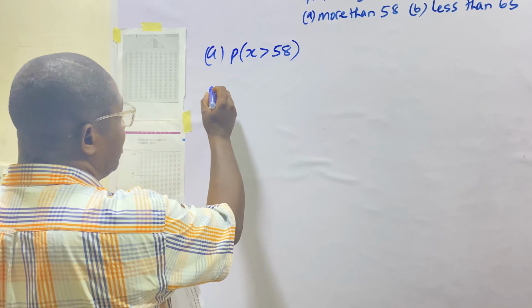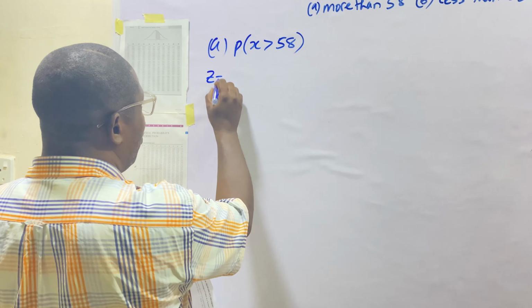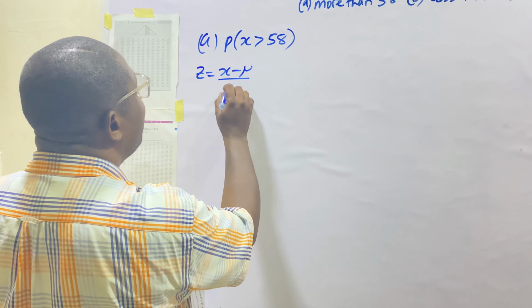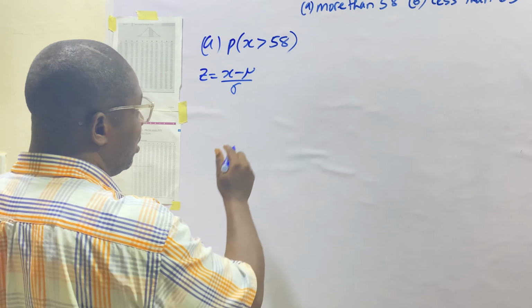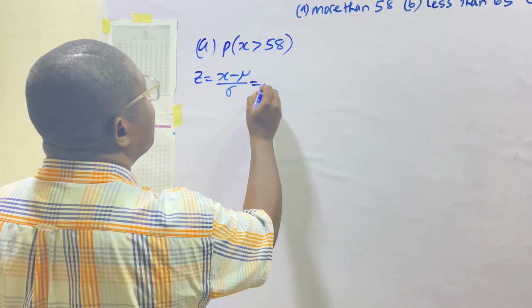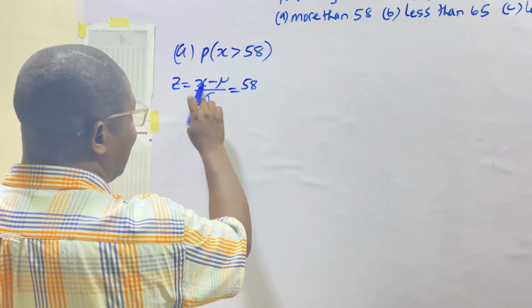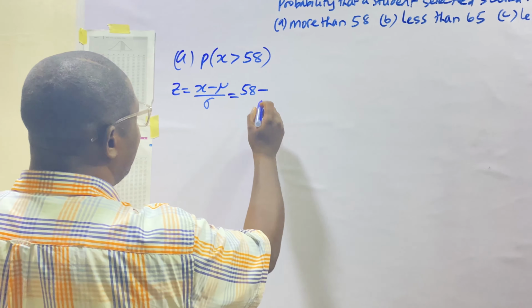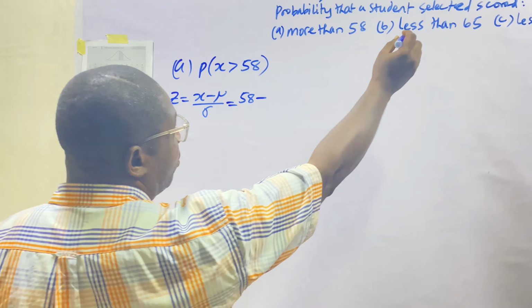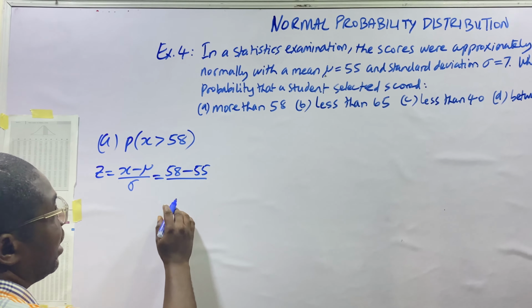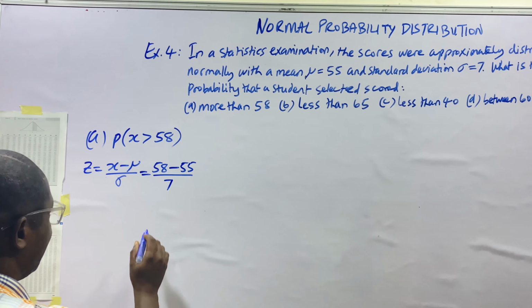So to get the z-score, we have a formula: z-score equals x minus the mean, all over standard deviation. This gives us x is 58, that's a data point, minus the mean from the question, which is 55, divided by standard deviation of 7.